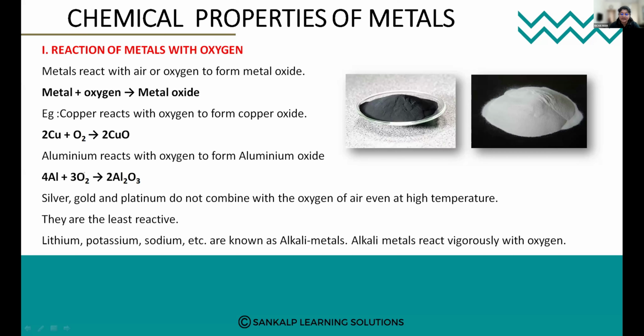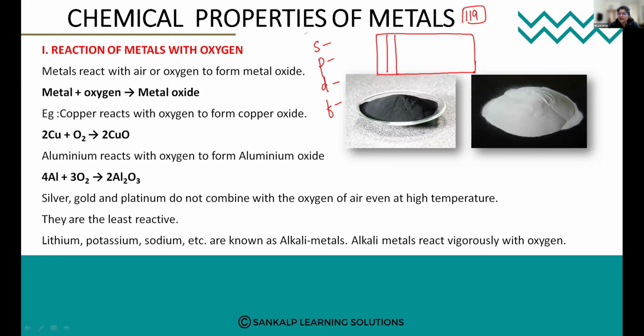Now let us see the metals. Alkali metal. What is alkali metal? When you see the periodic table, to your left-hand side. As there are 119 elements in the periodic table, you cannot study each element separately. So the periodic table is divided into four blocks: S block, P block, D block, and F block elements.